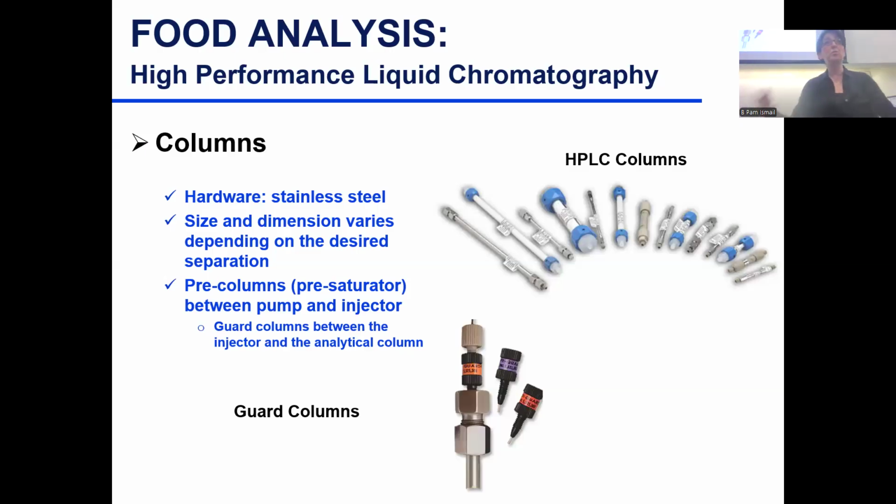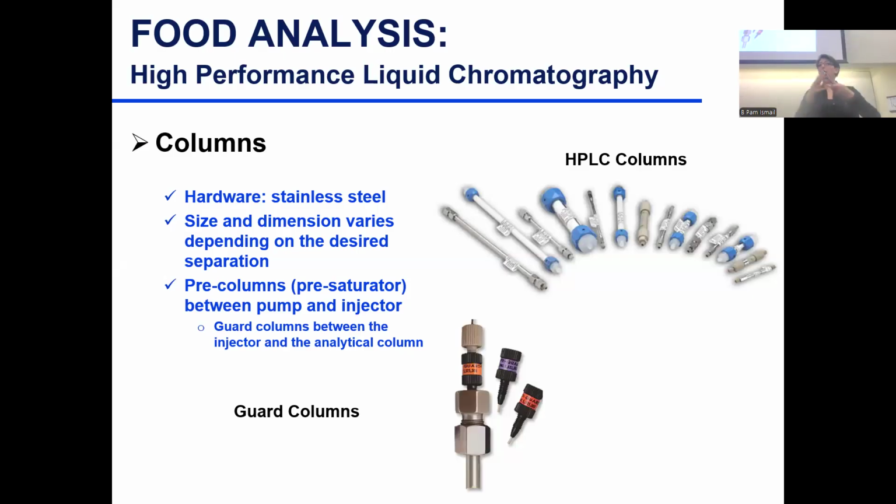Once it's dropped, it's goodbye, and bad news to your advisor because they will have to buy you a new column. And also you cannot cut a column like you do in GC. In GC, you cut the top of the column because you want to remove all the impurities that just got deposited on that column. But you cannot do that with HPLC.